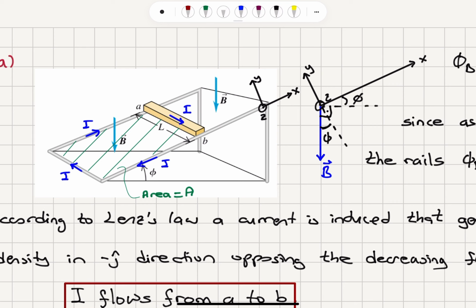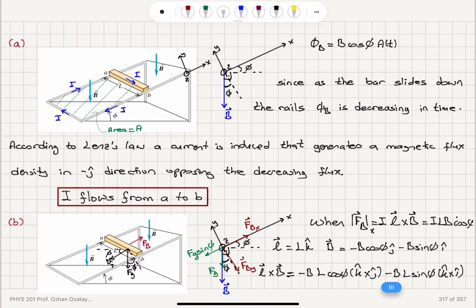The right hand rule tells us four fingers curl in this direction, the thumb points in minus j hat direction. So that's basically the sense of the current. That's a clockwise rotation. So current flows from A towards B.